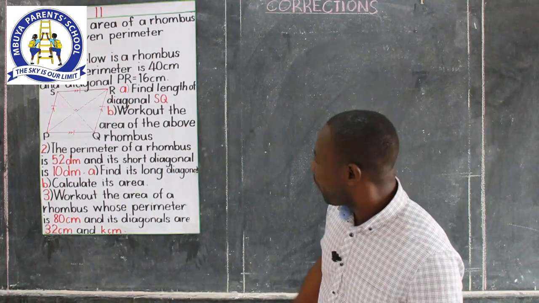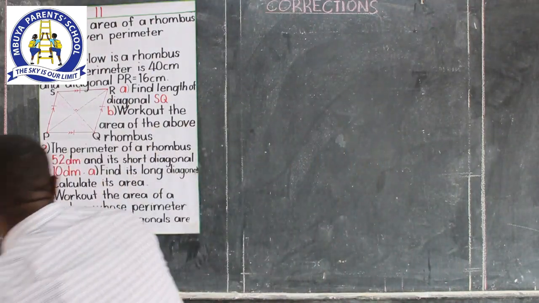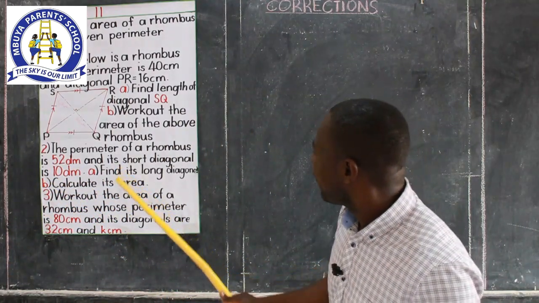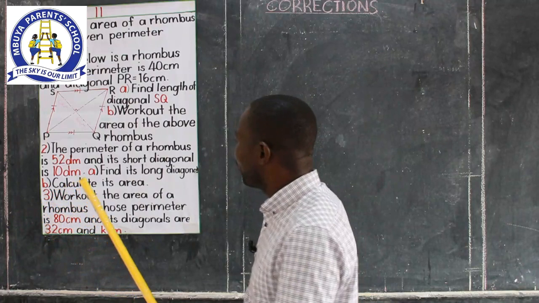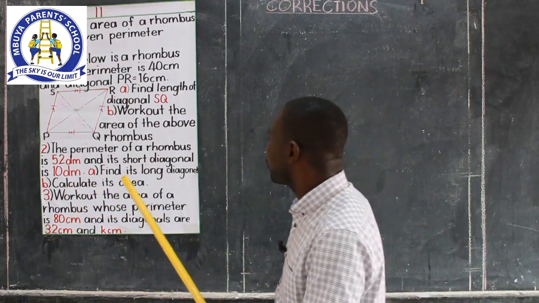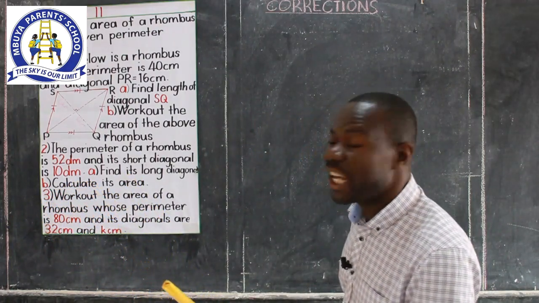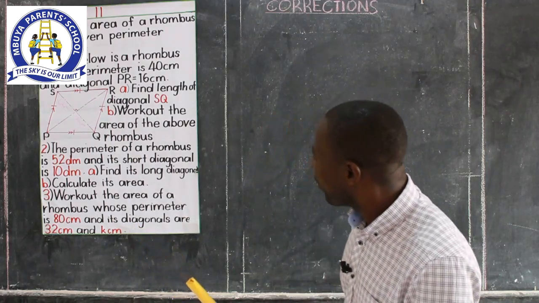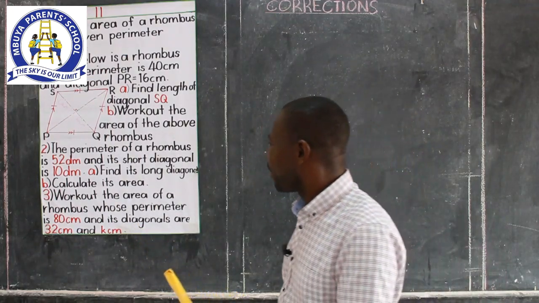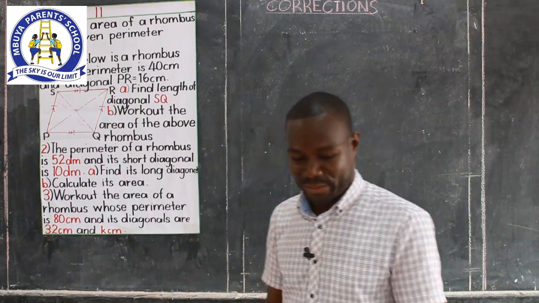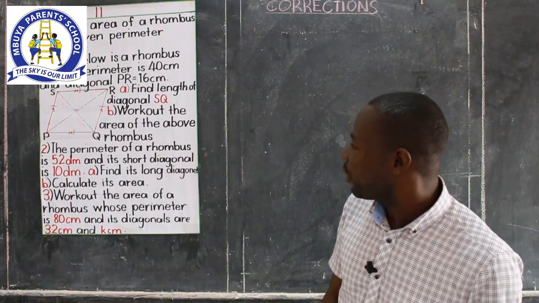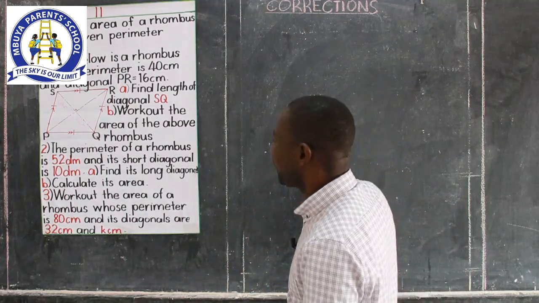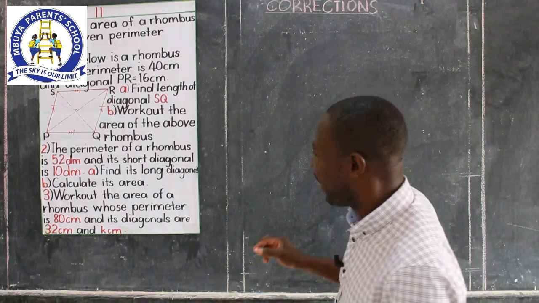The perimeter of a rhombus is 52 decimeters, and its short diagonal is 10 decimeters. A, find its long diagonal. B, calculate its area. We shall start with that. So it is very easy for us to review and see what we did and see whether we are okay.